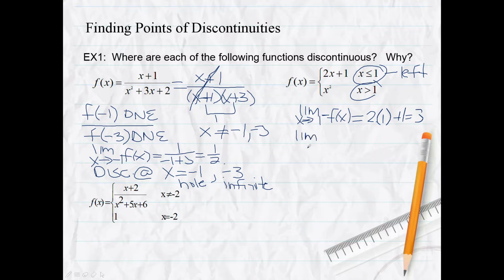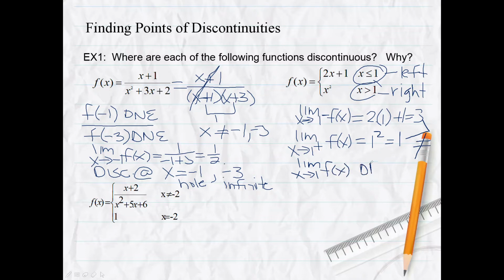Then I'm going to take the same limit from the right. From the right is this bottom one, where x is greater than 1. So I'll have 1 squared, which is 1. Now these two things are not equal. Therefore, the limit does not exist. So we have a jump discontinuity at x equals 1.